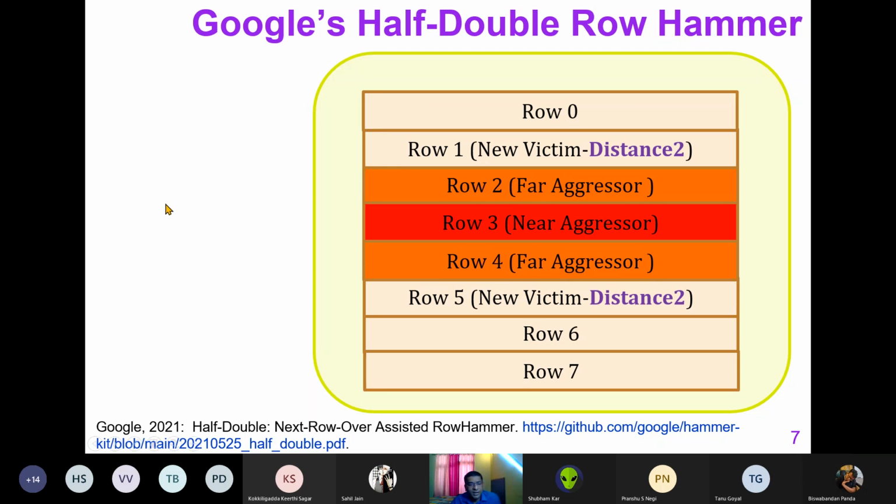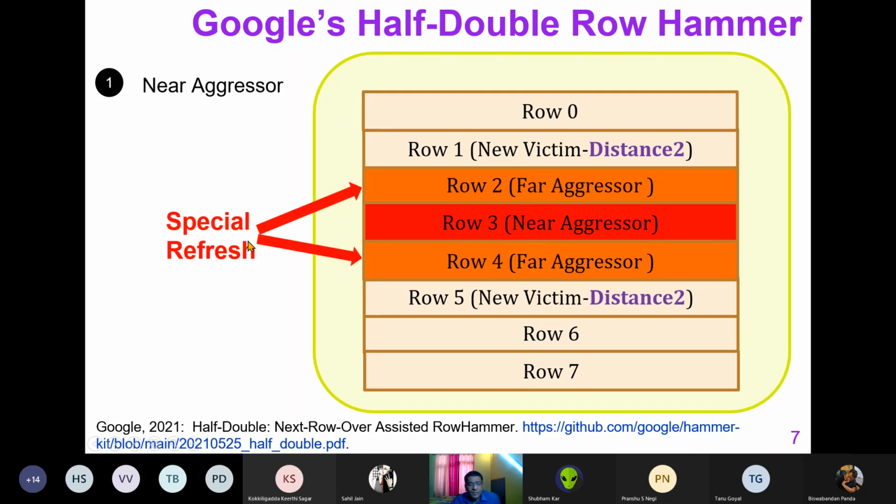So let's try to understand. The middle row, row 3, is called the near aggressor row. Now due to this special refresh, row 2 and row 4 are also aiding the new type of attack.